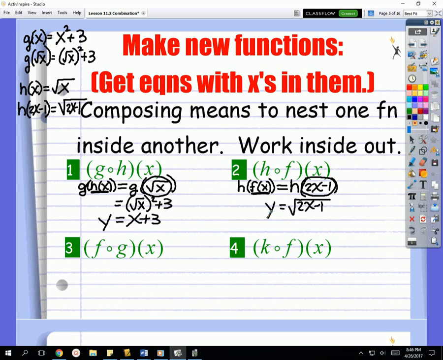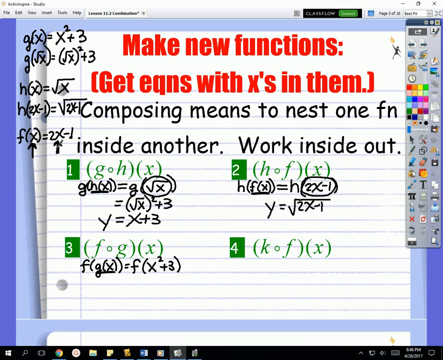On number 3, we've got f of g of x. And so we got to replace the g of x part first. And the equation part of g of x is x squared plus 3. Now, look over here on the side where I'm doing scratch work. It says f of x equals 2x minus 1. So I'm going to take x squared plus 3 and put it here and here.